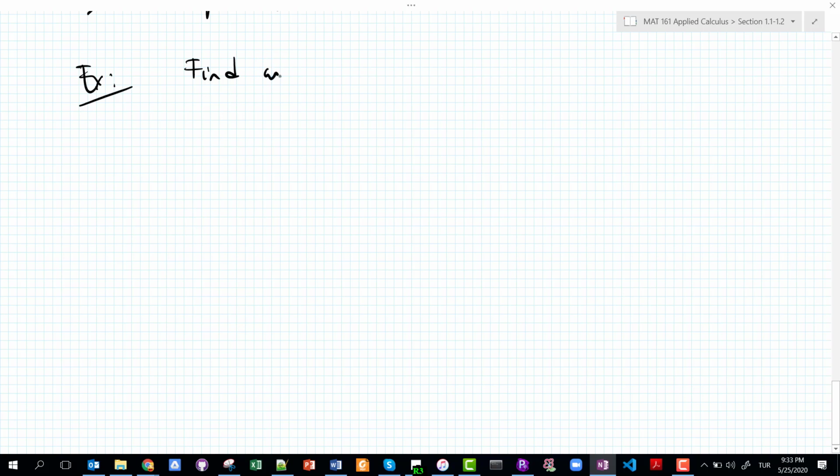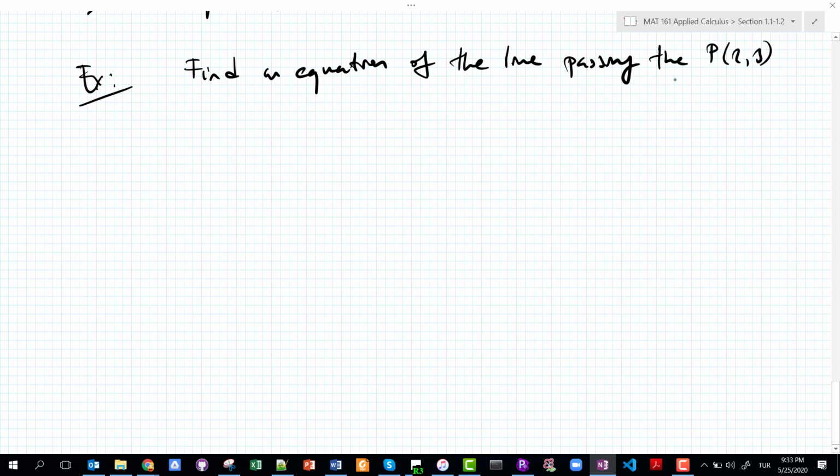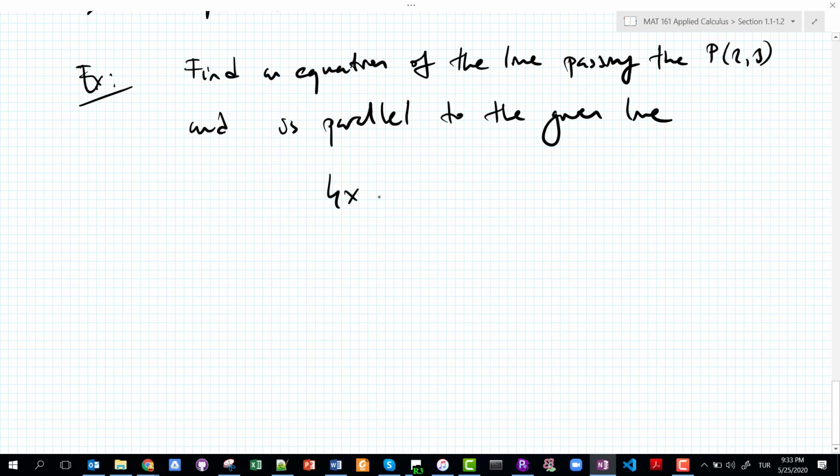Find an equation of the line passing through point P, and it is also parallel to the given line. What line? That is this line, 4x plus 7y is equal to 11.